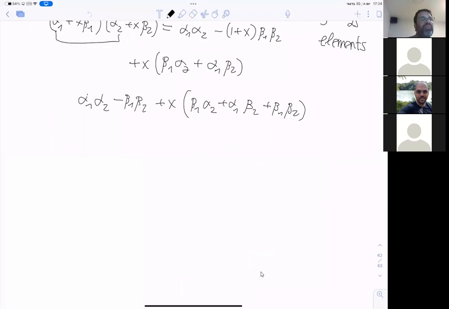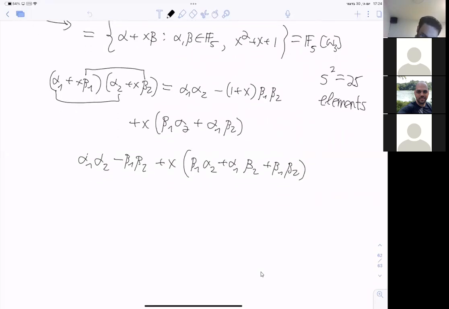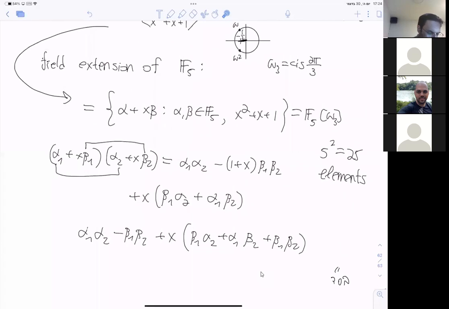Okay. And before we go over elliptic curves, which will be the last algorithm we're going to see, I want to tell you something further about field extensions.